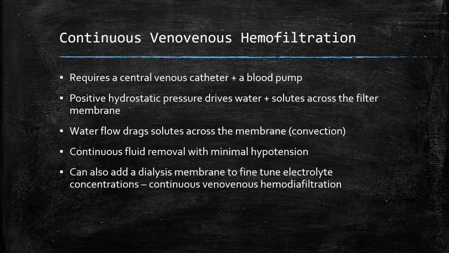However, it won't do anything to alter electrolyte concentrations. If it is important to fine-tune electrolyte concentrations, then you can add a dialysis membrane to the circuit. This then becomes known as continuous venovenous hemodiafiltration.